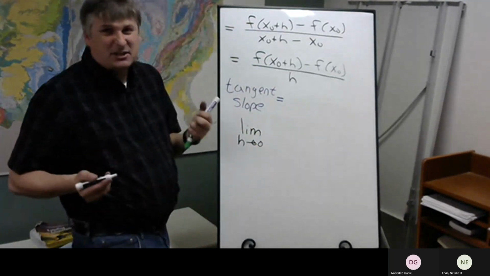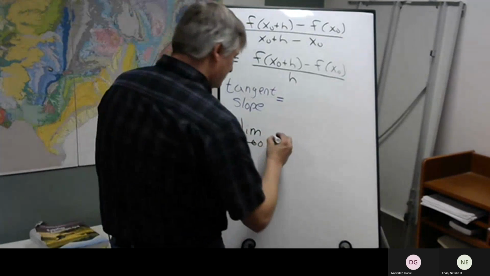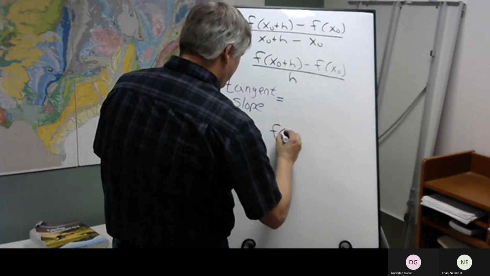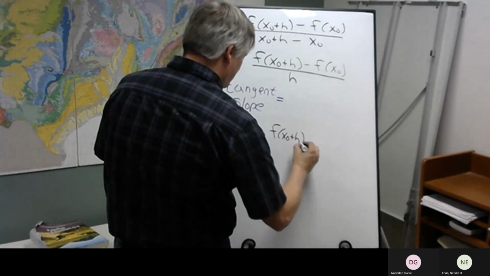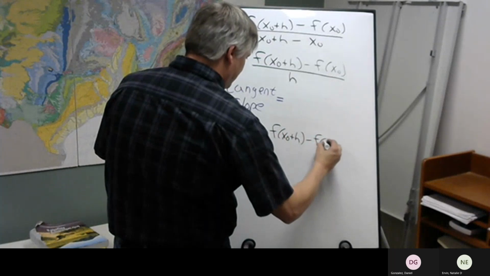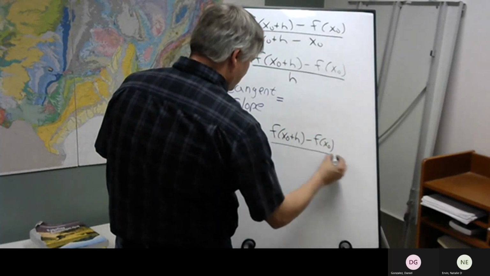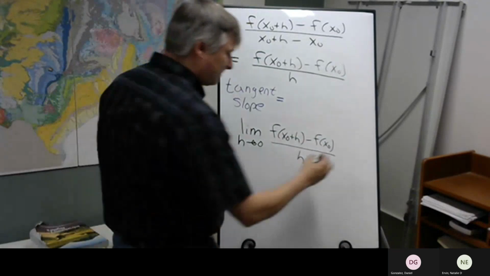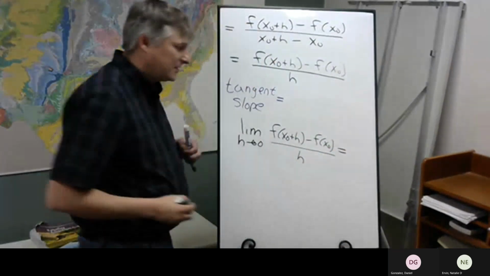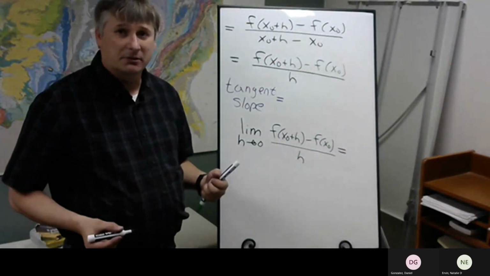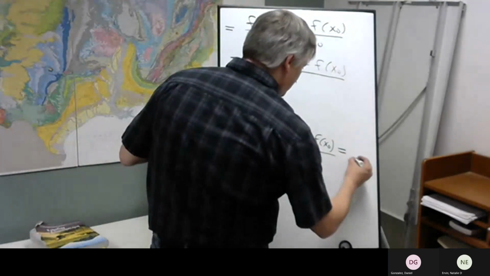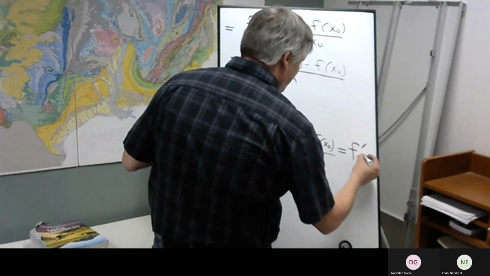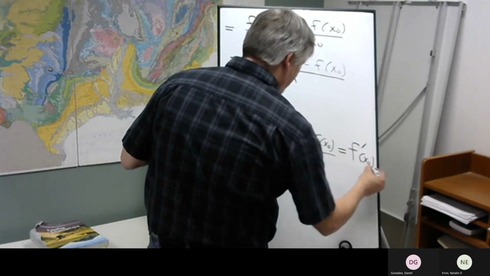So we're going to let h be practically 0. f of x0 plus h minus f of x0 over h. And we have a special notation for this. You're going to see this for the rest of your calculus career. f prime of x0.